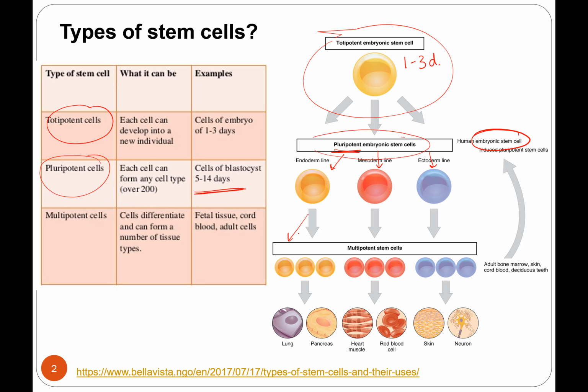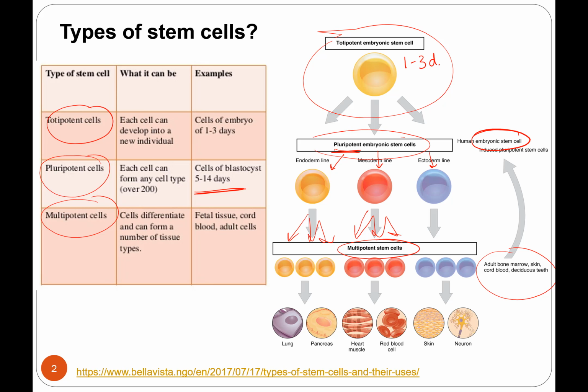Then they differentiate a little bit more, and you have what we call multipotent stem cells. Okay? And these are also called adult stem cells. So they kind of have a destination.